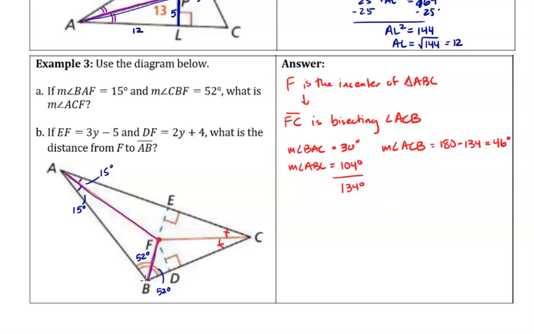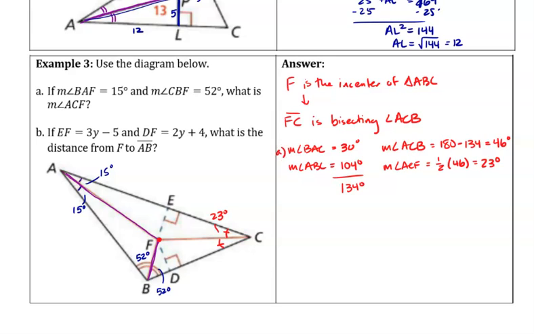Then the measure of angle ACF would be half of that 46 degrees, which is 23 degrees. This would have to be 23 degrees. I know that because I decided that segment FC is bisecting angle ACB. I found out that angle ACB is 46 degrees, so I cut that 46 in half, and that's angle ACF right there. All right, so that's what I did for A.